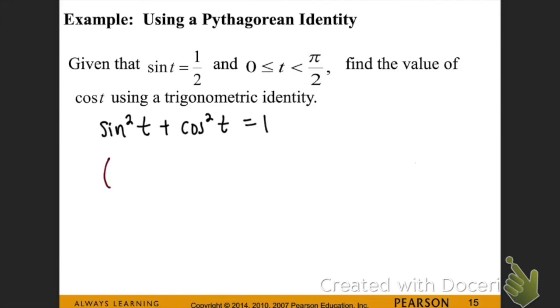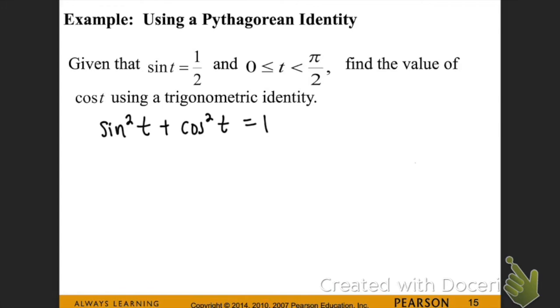Okay, so notice that we put the squared between the sine and the t. The reason why is it helps us know that that whole quantity is squared, so it's sine of t times sine of t. If you put the squared on the outside, it might look like it's saying sine of t squared. So that's why we put the squared right there. So we know that sine of t is equal to 1/2.